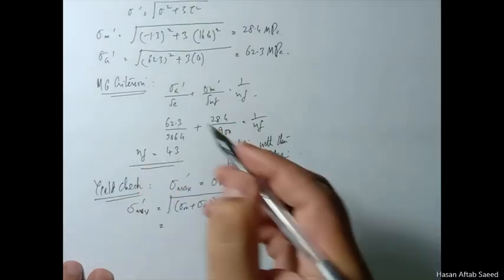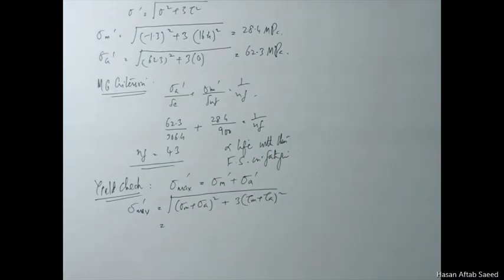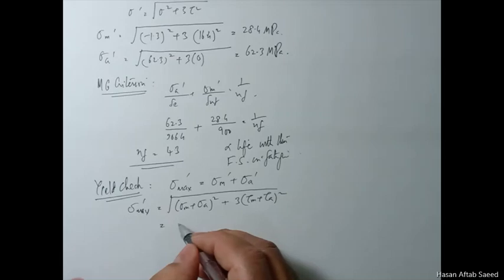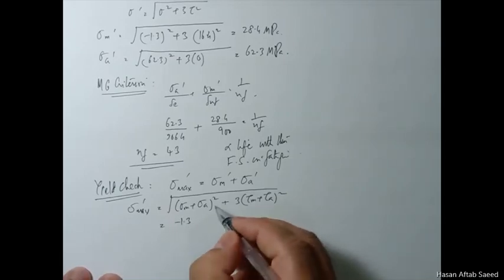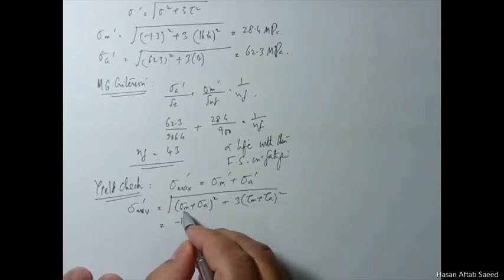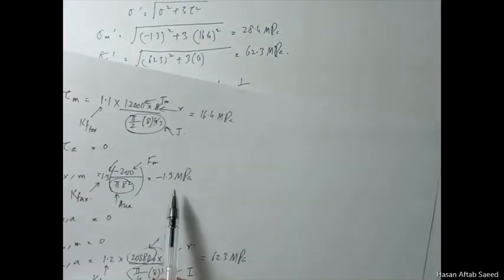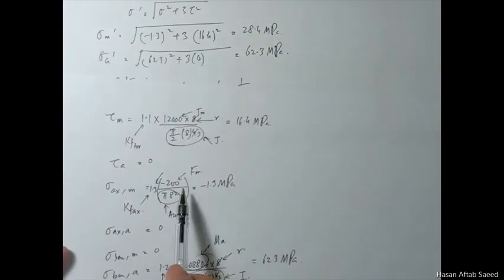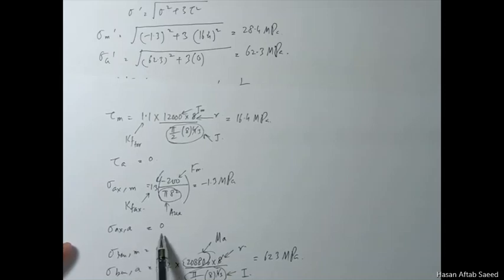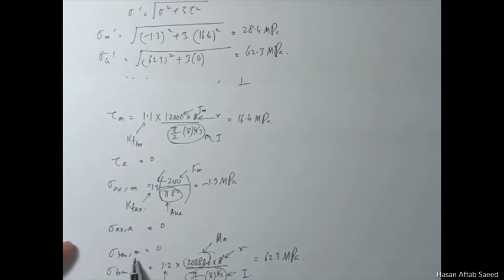And you apply the load, using these values, and this one is sigma a bending, this one is sigma m for axial loading mean, which is minus 1.3. Axial loading, this one is 0. In bending, the mean stress is 0 and the axial one is this one.